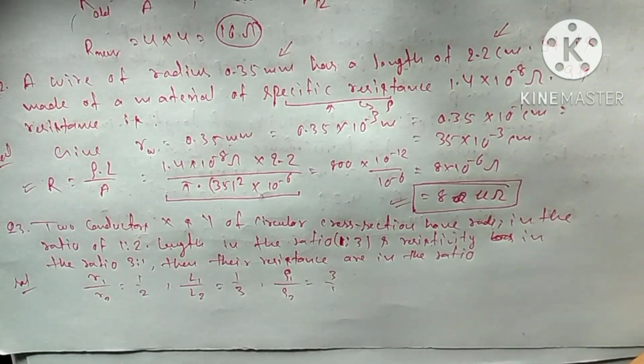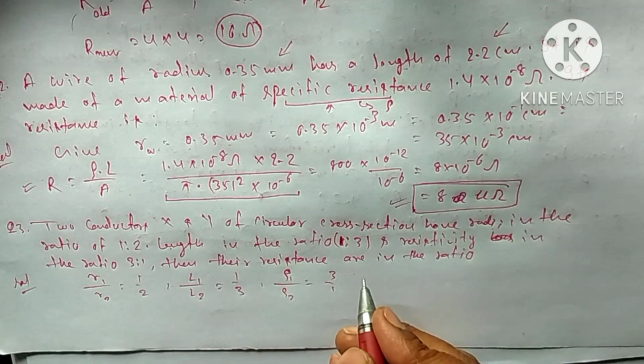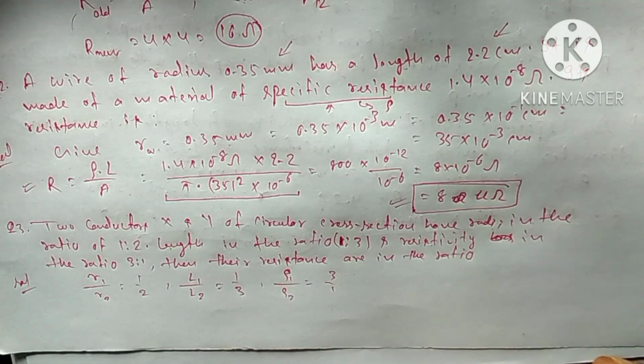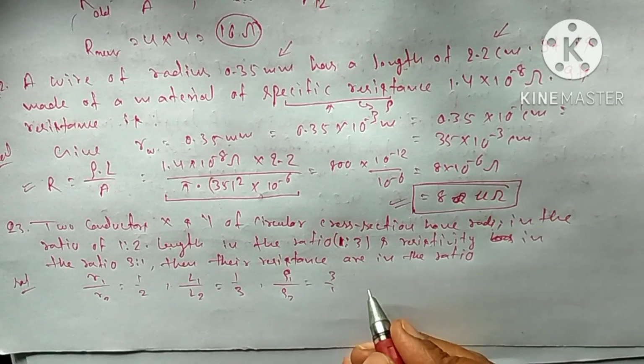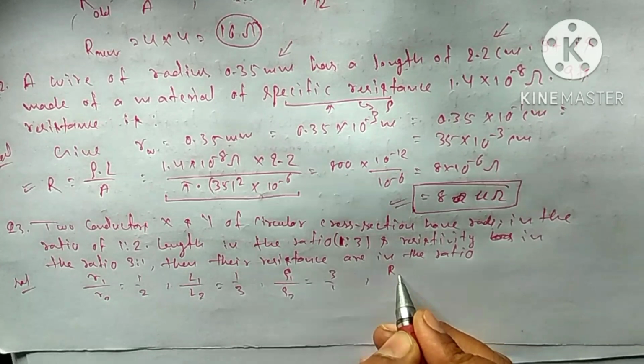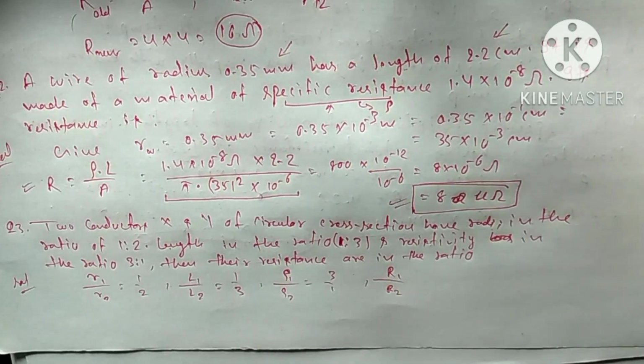Okay, so here we find the resistance by using the given data. I hope we can now find the resistance, that is R1 by R2. So what is the formula?